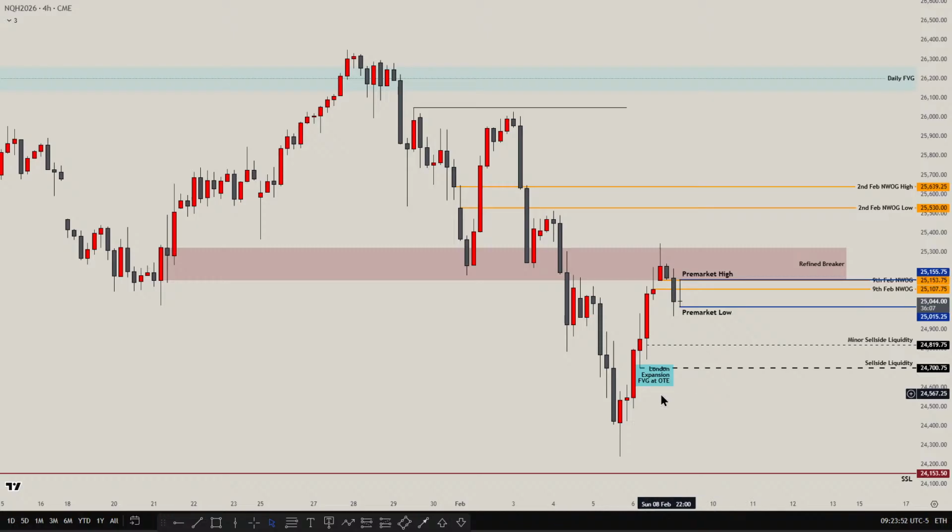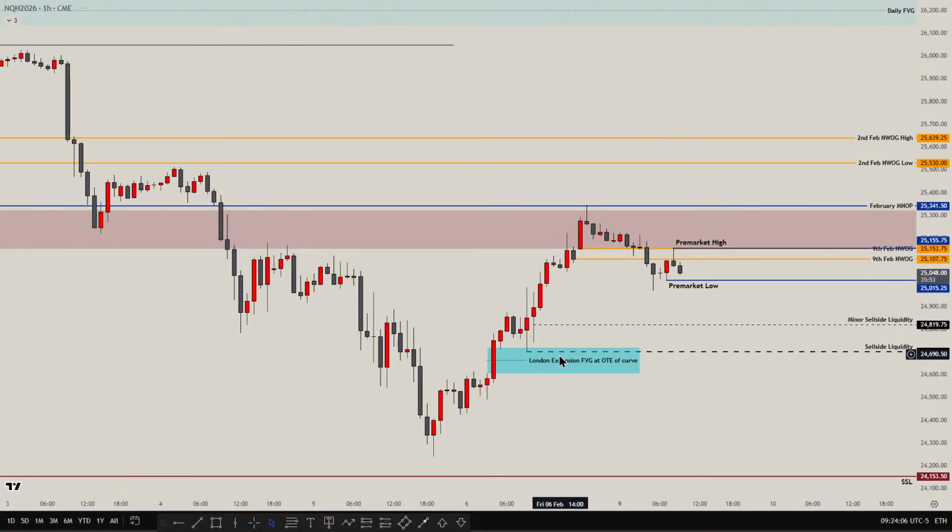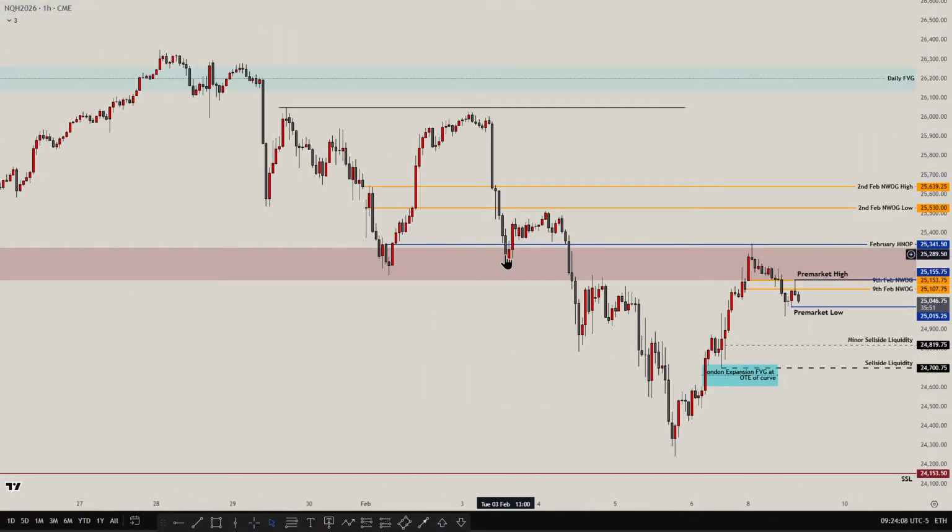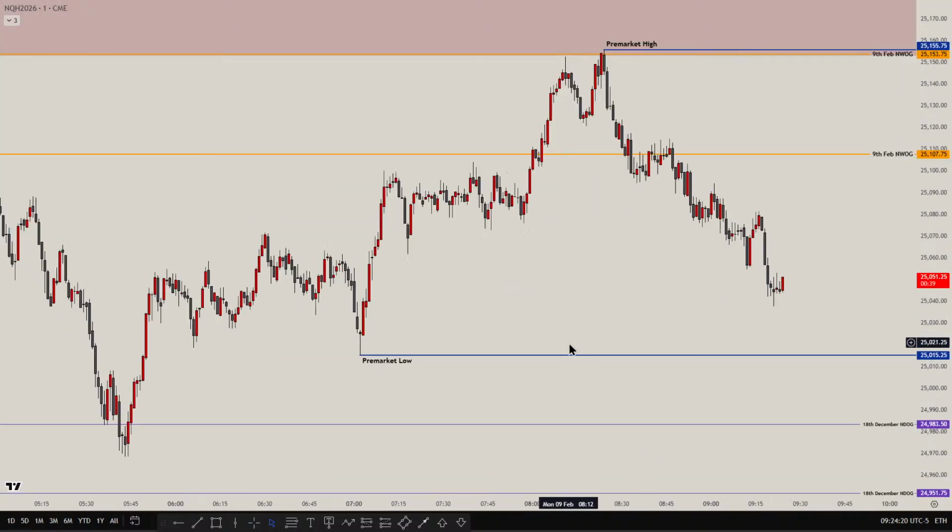No, but this is a 4 hour chart, there's no 3 a.m. candle. That's what I'm confused about. Maybe you mean a 1 hour chart. I wouldn't use that, no, that's not even a breaker. Alright, we're looking at two different things, I think.